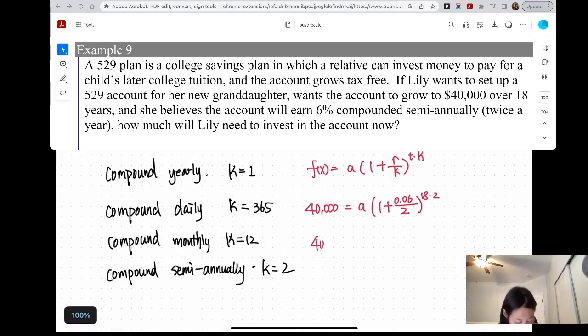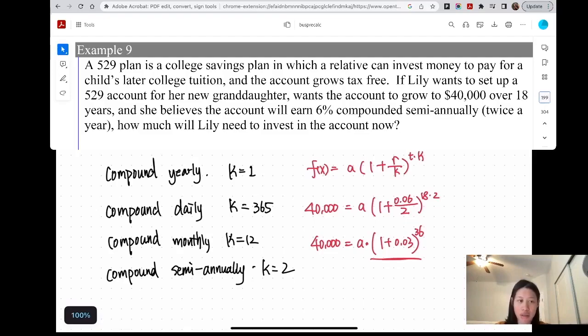So how do we solve this? Well, first of all, we can calculate everything inside the parentheses first. So I have 1 plus 0.03, to the power of 18 times 2, which is the 36th power. And then this is multiplication, right? To undo a multiplication, we can divide by this whole thing, or you can calculate this whole thing first.